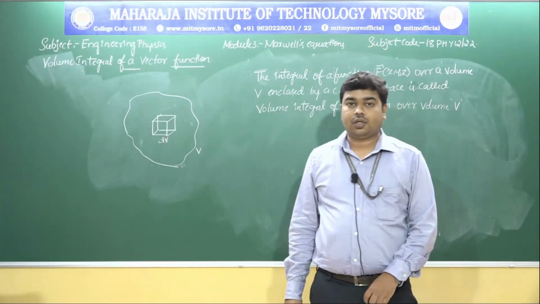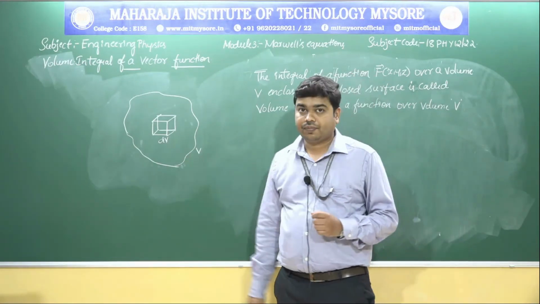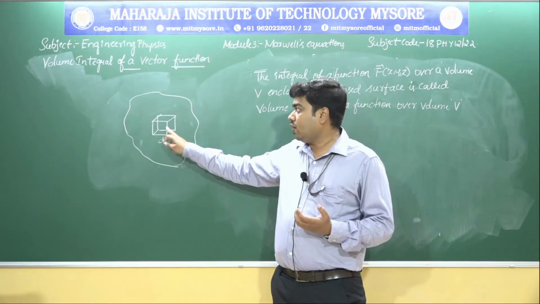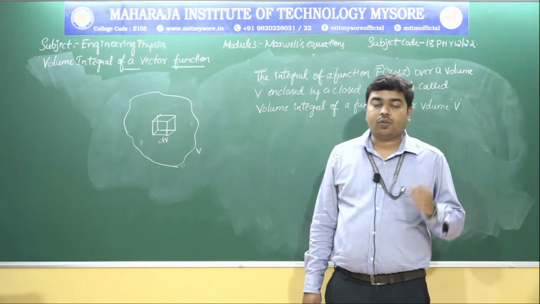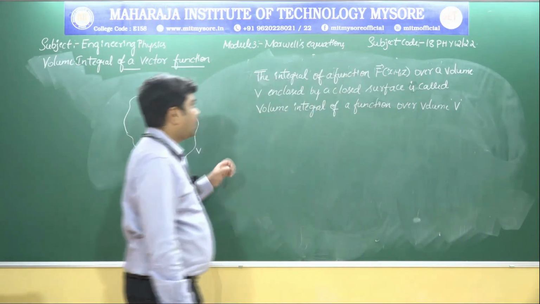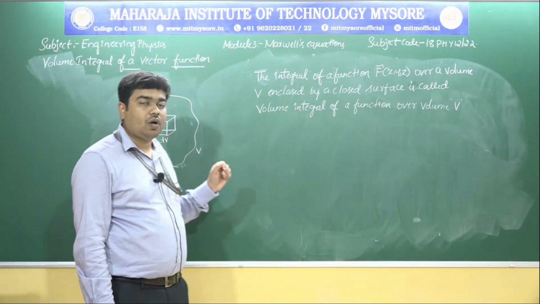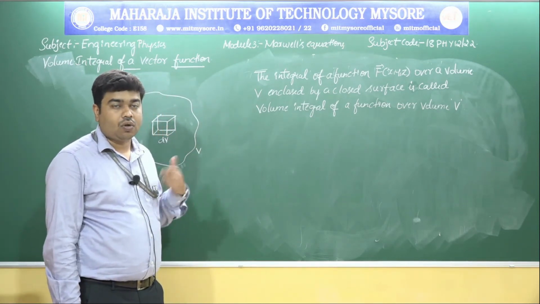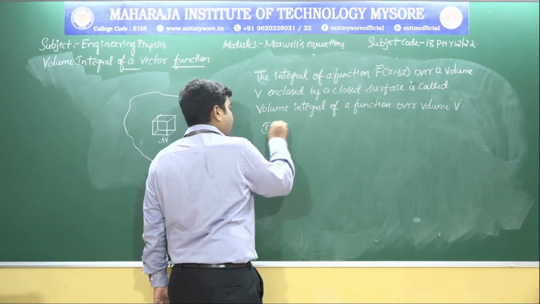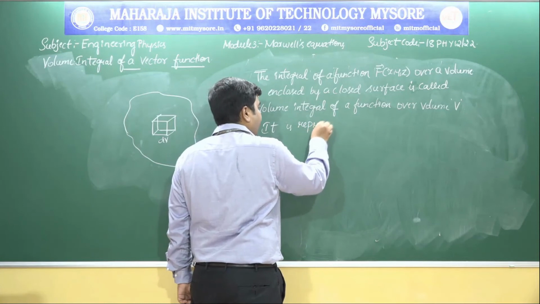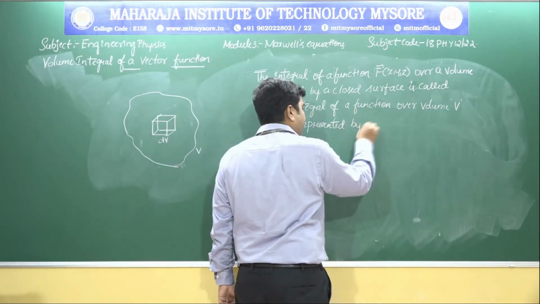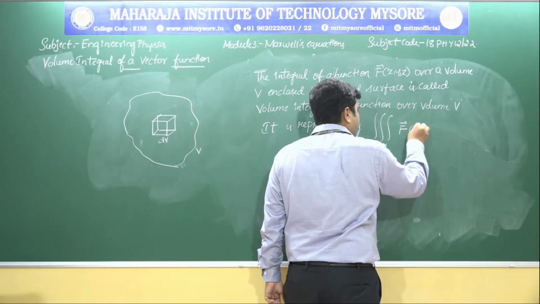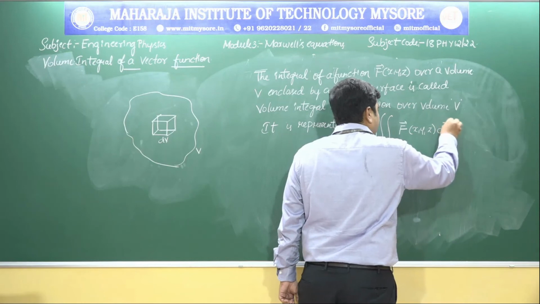Let us consider a vector function f of x, y, z inside the volume V. In order to find the integral for the volume V, we will consider a small volume dV inside the same volume V. Then the volume integral of a vector function can be defined as the integral of a function f of x, y, z over a volume V enclosed by a closed surface S. It is represented by the triple integral over volume V of f of x, y, z into dV.